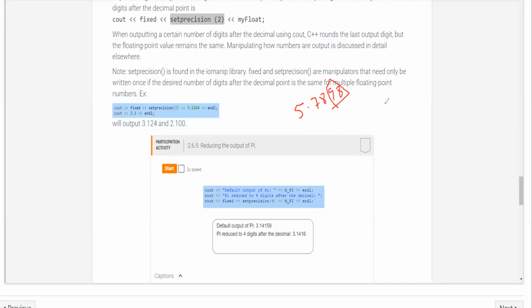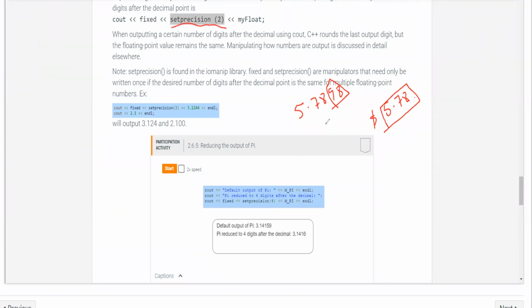I just want it to be simply 5.79. If I'm talking about currency, I don't go beyond this point. So if I want to output only the currency, then I use precision 2, which is set precision.